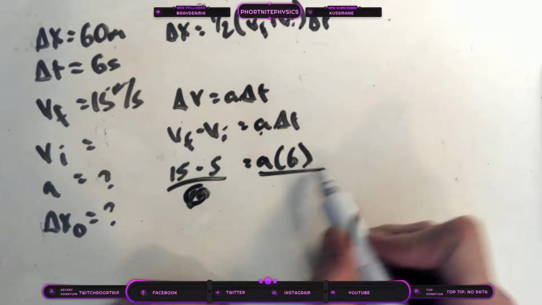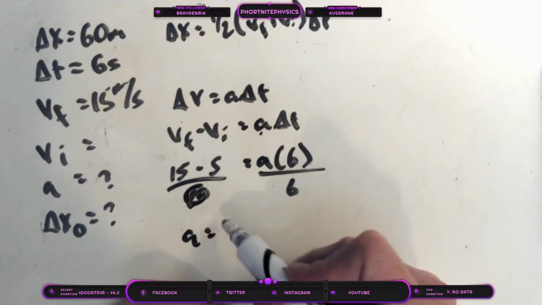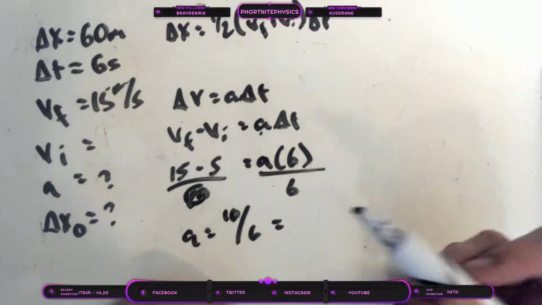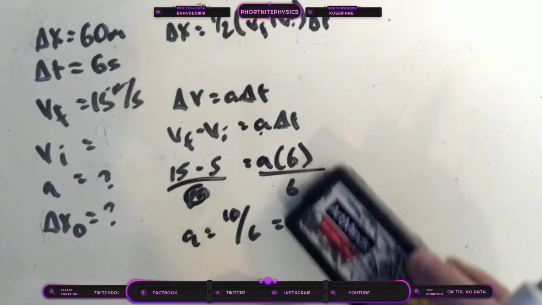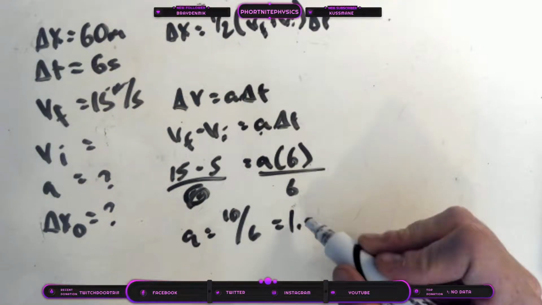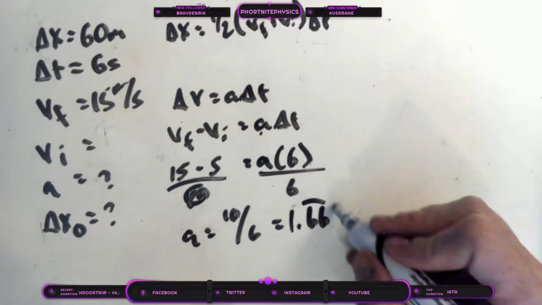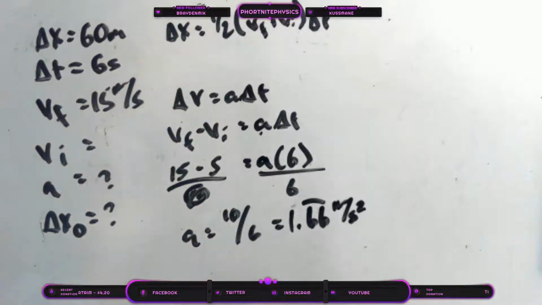And divide both sides by 6. So acceleration is actually 10/6. Dang. 10 divided by 6, 1.66 meters per second squared. Okay. I apologize. That one was my fault.